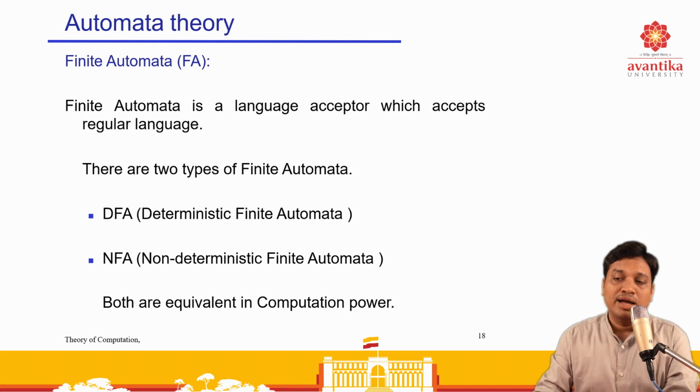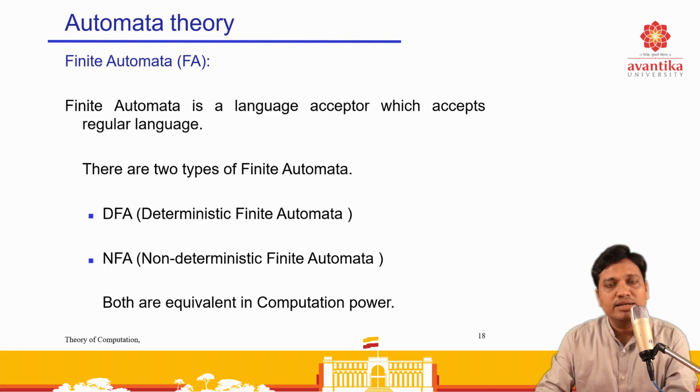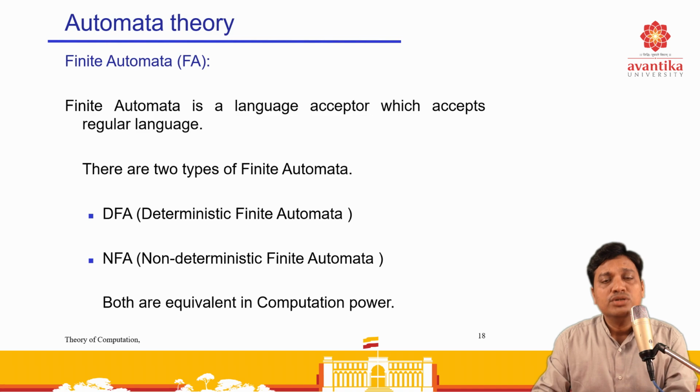The regular language acceptance model is finite automata, and finite automata is of two types. First is deterministic finite automata, called DFA. Second is non-deterministic finite automata, also called NFA. But in terms of computational power, both are equivalent. Meaning both DFA and NFA have the same computational power.